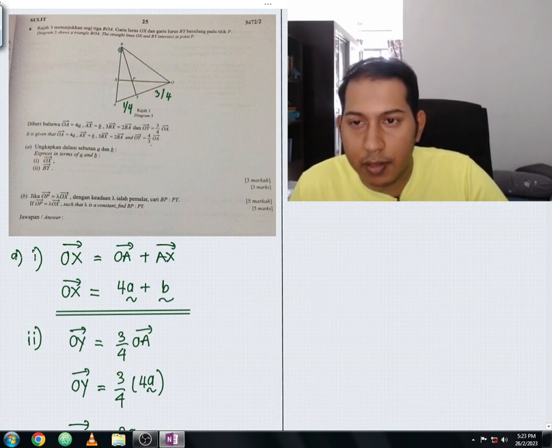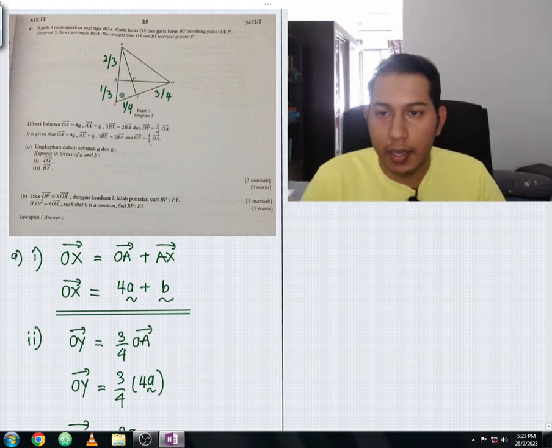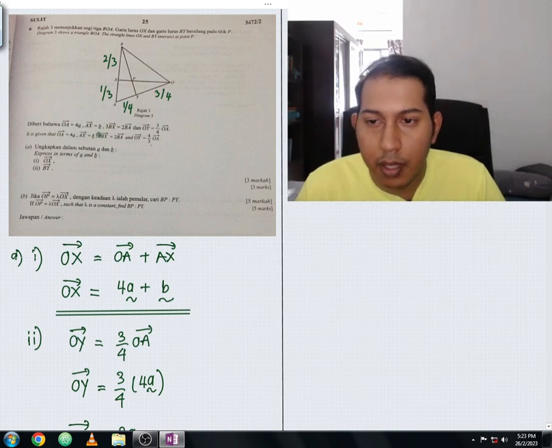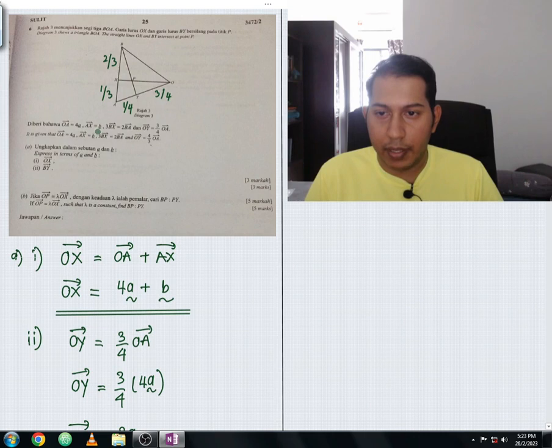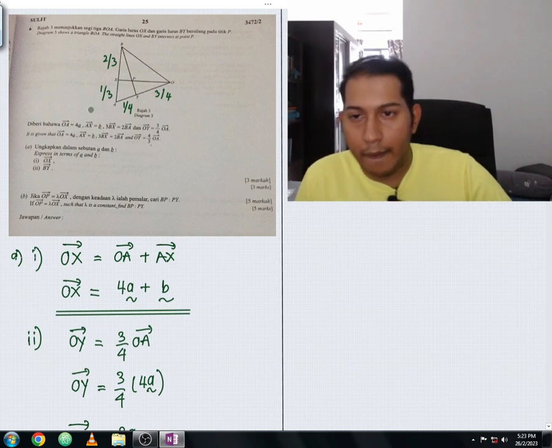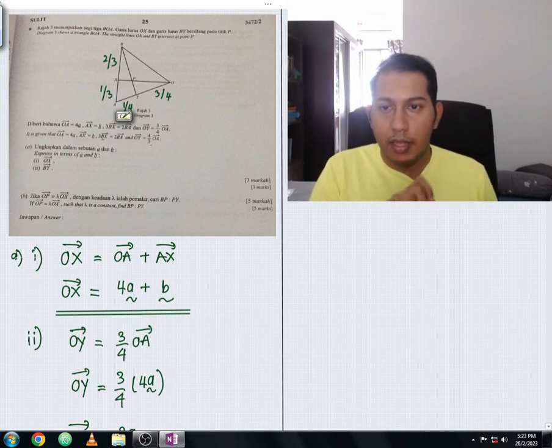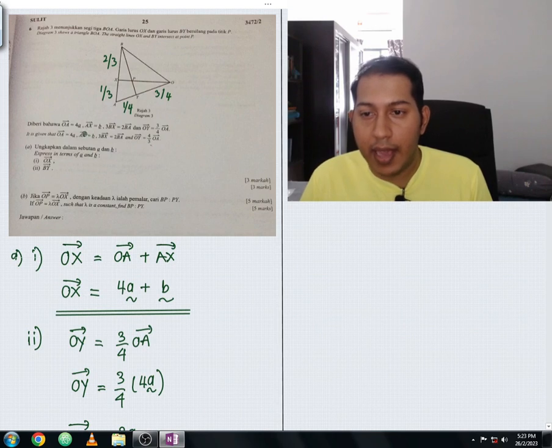Which means this bx is actually 2 over 3 and this xa is actually 1 over 3. But remember in the question they gave us ax is equal to vector b. So if ax is equal to vector b, xa will be the opposite direction. Opposite direction means vector xa will be equal to negative b.